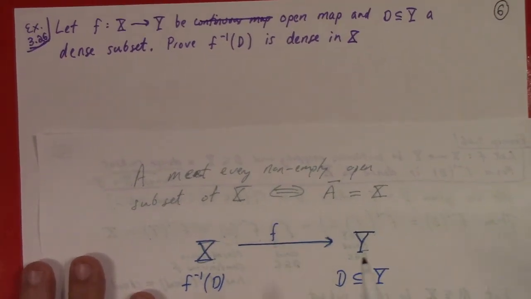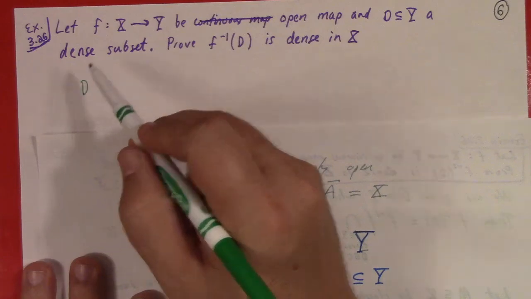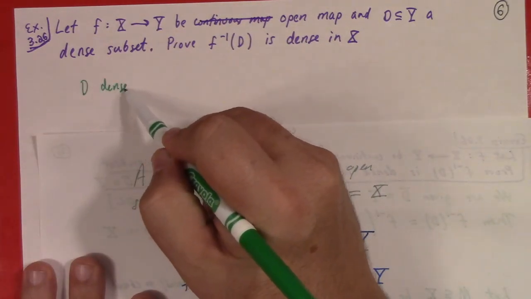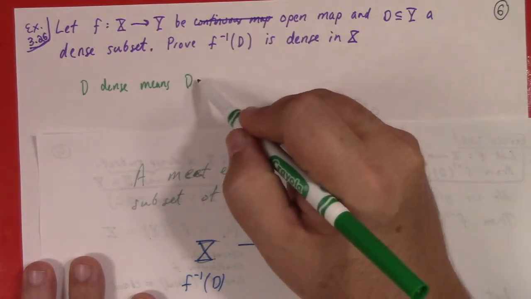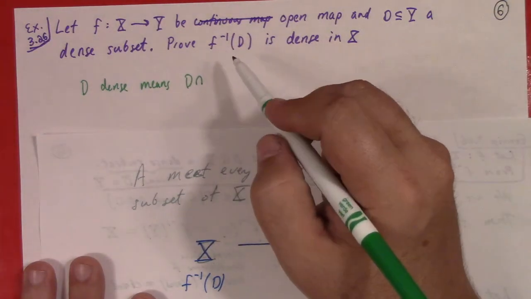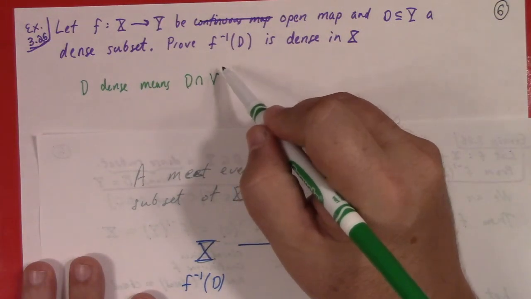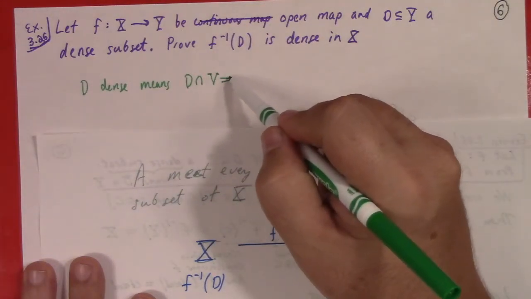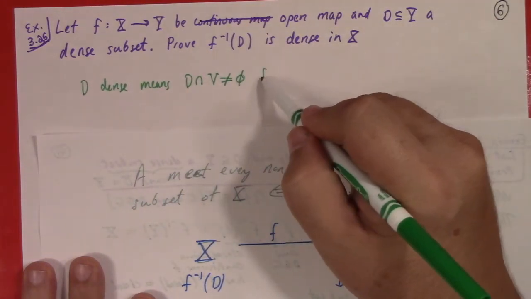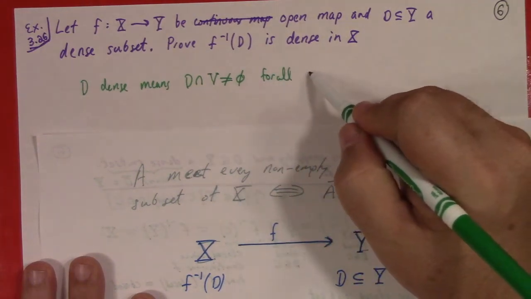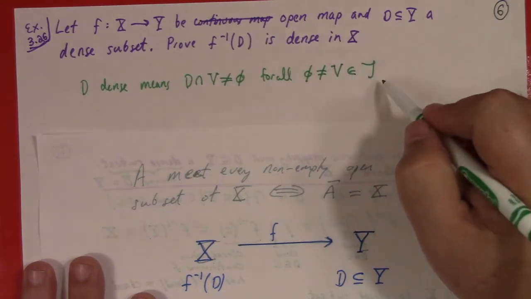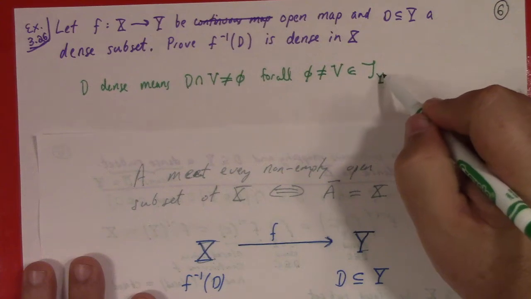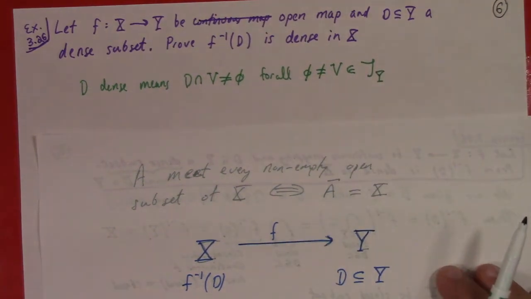But another useful way is that D dense in Y means D intersect V is not empty for all non-empty open sets V in Y. So that's what it means to be dense in Y: every non-empty open set intersects D in at least one point, okay?